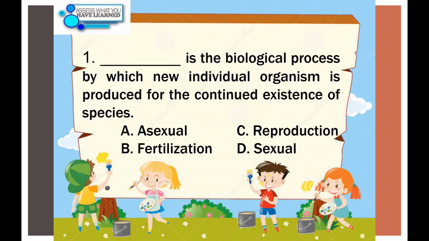Number 1. Blank is the biological process by which new individual organism is produced for the continued existence of species. Letter A. Asexual. B. Fertilization. C. Reproduction. D. Sexual.